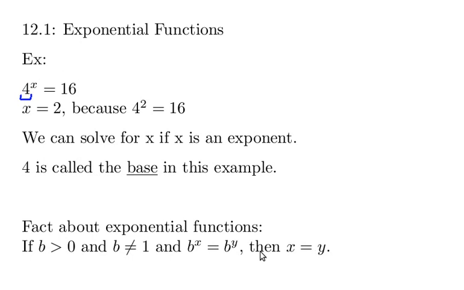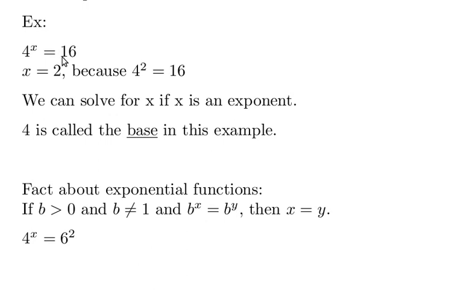So what this is saying is that we have two different bases. Let's apply that to this right here. So we have that 4 to the x equals 4 squared.